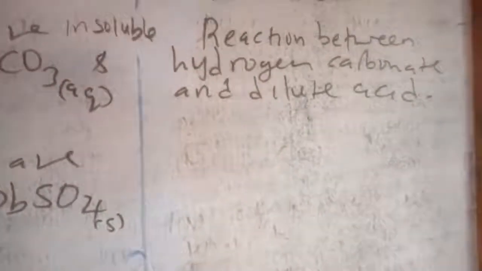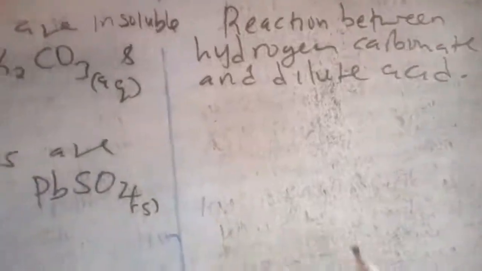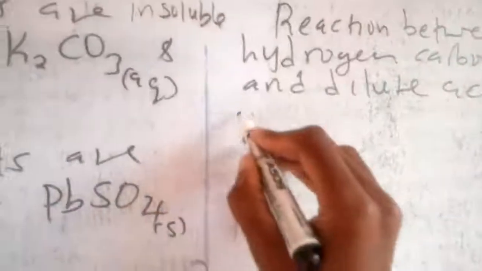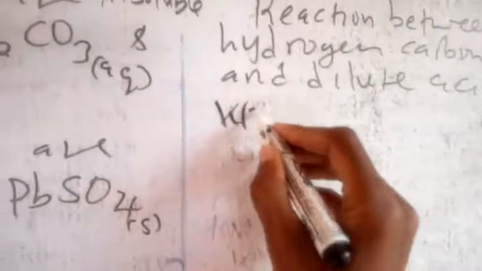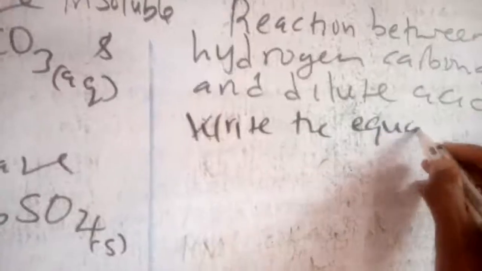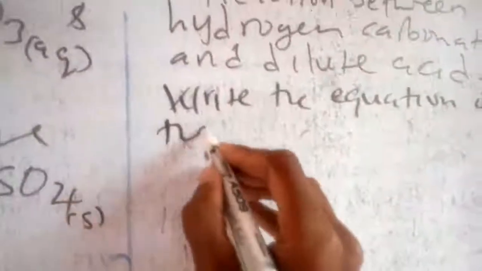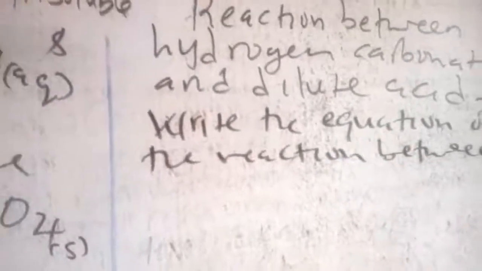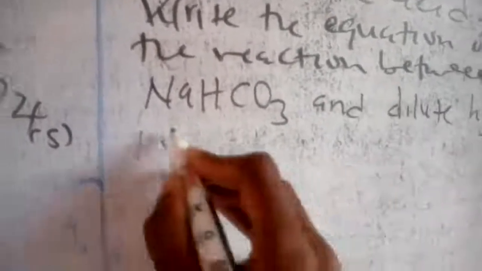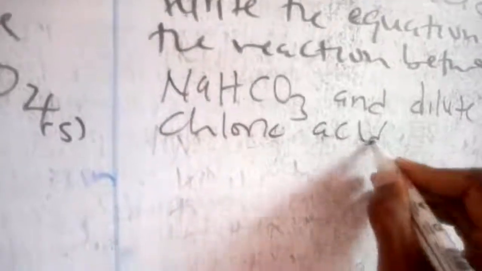The question is, you're supposed to write the equation of the reaction between a hydrogen carbonate like sodium hydrogen carbonate and dilute hydrochloric acid.